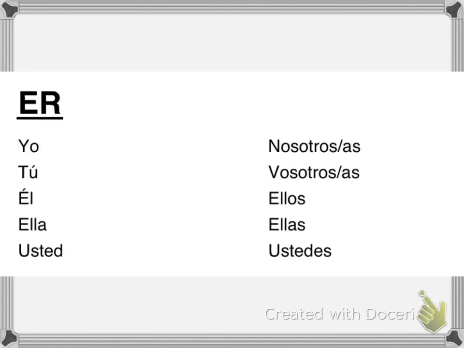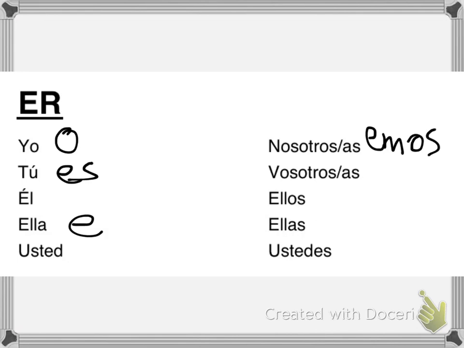Now for your ER verbs. For the yo form ending, you're again going to use the letter O. For tú, you will use the letters ES. For él, ella, and usted, use the letter E. For nosotros, use EMOS.